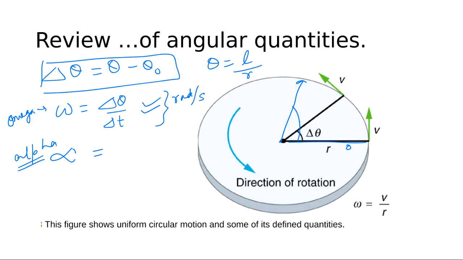Angular acceleration, alpha, is the final angular velocity minus the initial angular velocity over change in time. We can also call this the average angular acceleration, and it is represented as delta omega over delta t. The SI units for angular acceleration are radians per second squared.